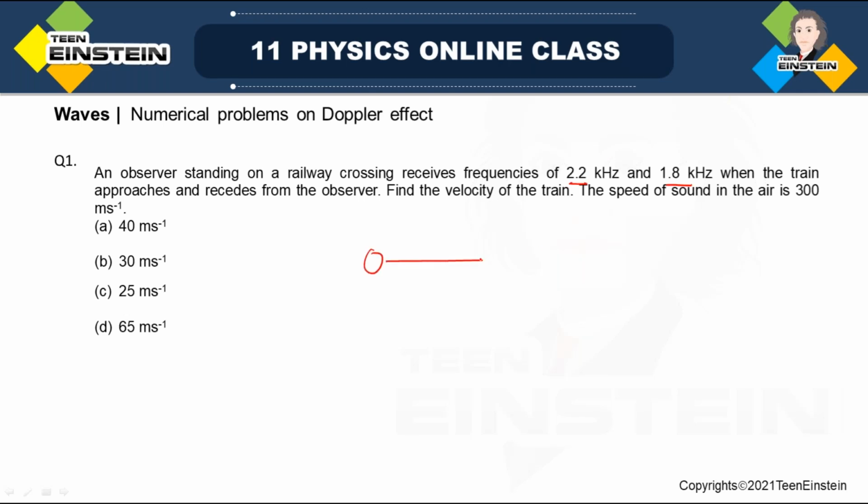Approaches means the source moves towards the stationary observer, and recedes means the train crosses the person and moves away.